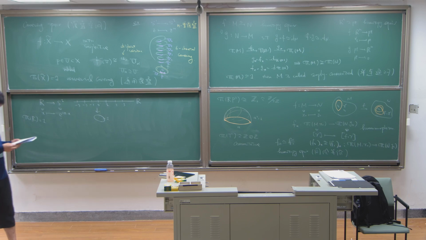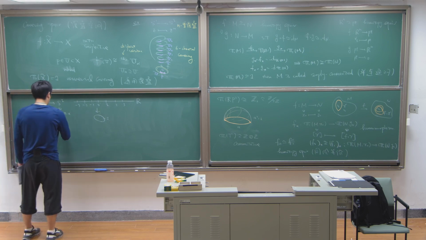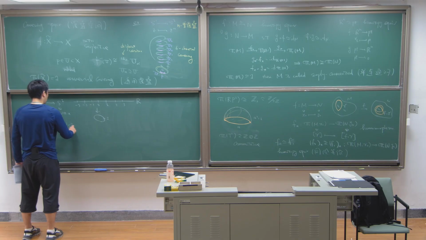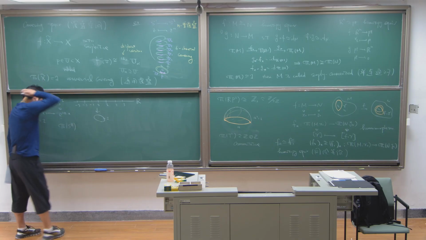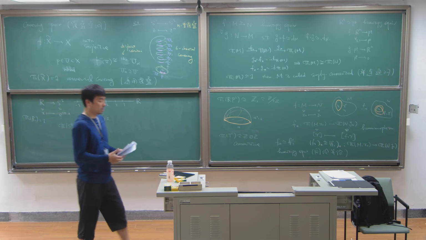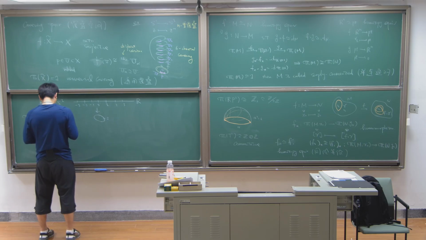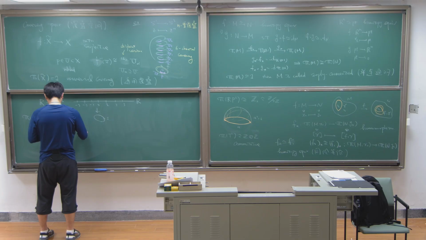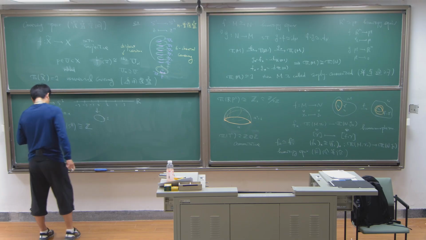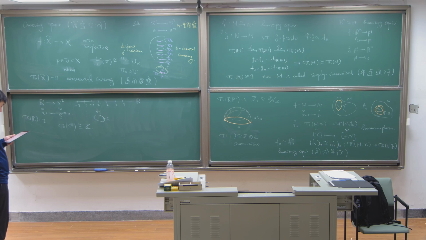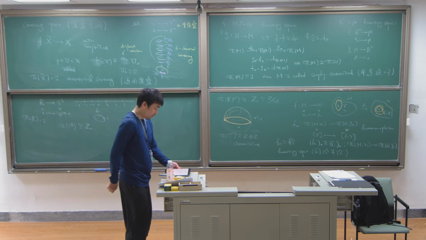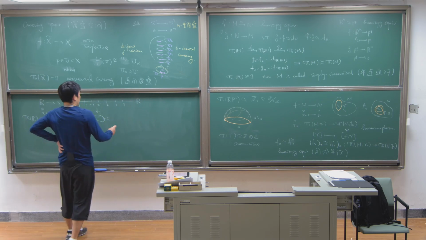So therefore pi 1 of S1 is the group generated by the preimage, the integers.